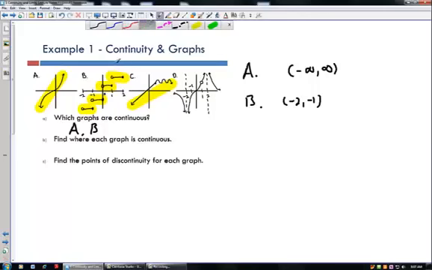So it's continuous between -2 and -1, and then it's continuous between -1 and 0, so write union (-1, 0). Union, there's a jump here, then it's certainly continuous between 0 and 1, because you can draw it in a continuous manner between 0 and 1. And then also between 1 and 2.